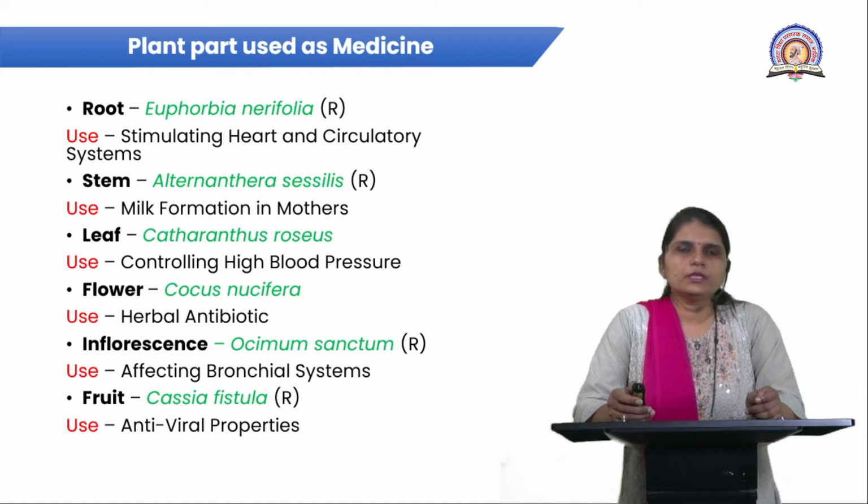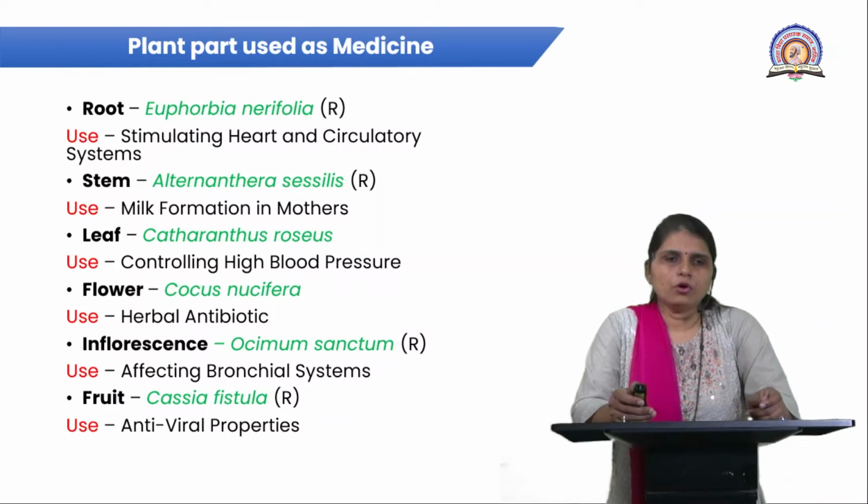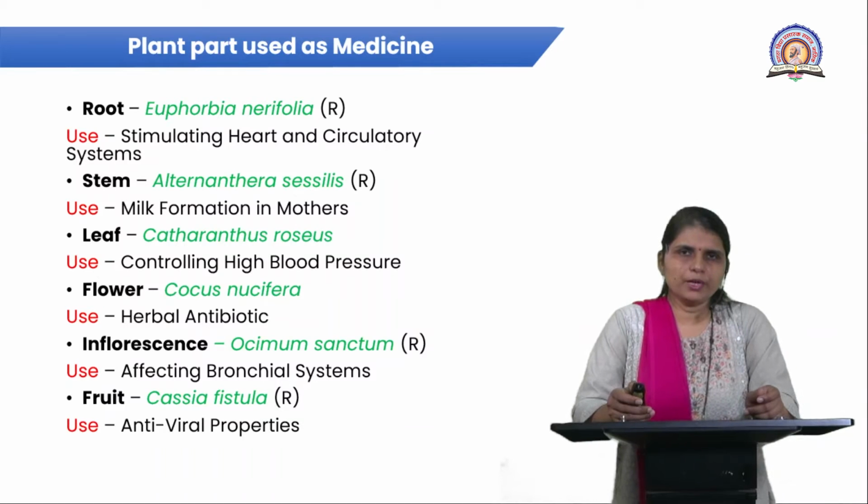Then next one is the inflorescence. The inflorescence of the plant Ocimum sanctum, that is tulsi, the common name. This tulsi is used as medicine. You know that in the pandemic year, all used this tulsi to make kada, or in scientific terms, decoction.